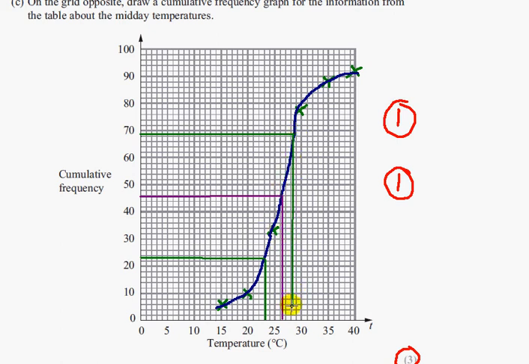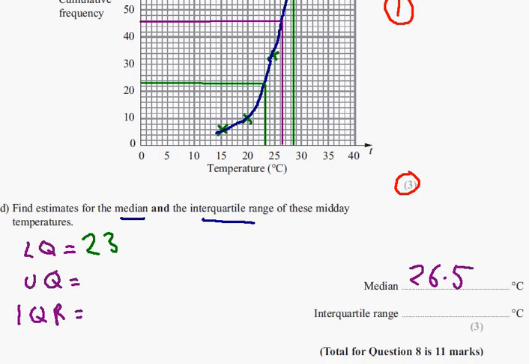So I make that to be 29 roughly. So 29 is going to be my upper quartile. So my upper quartile, take away my lower quartile, gives us an interquartile range of 6. Okay, I'm going to write that in. So the interquartile range is 6 degrees.